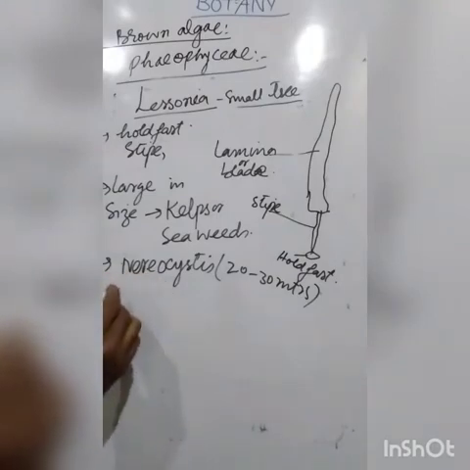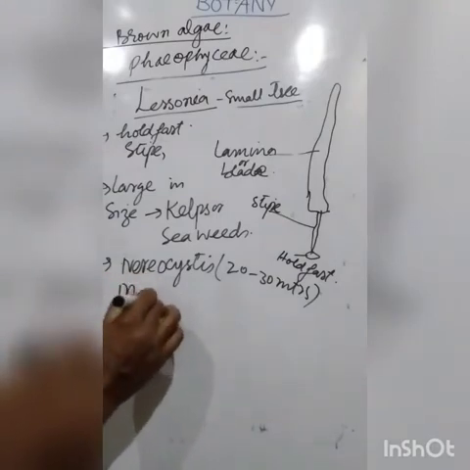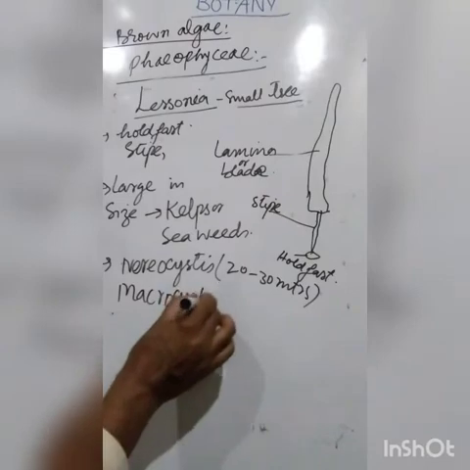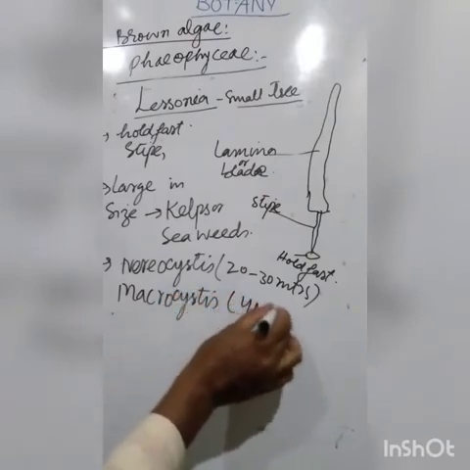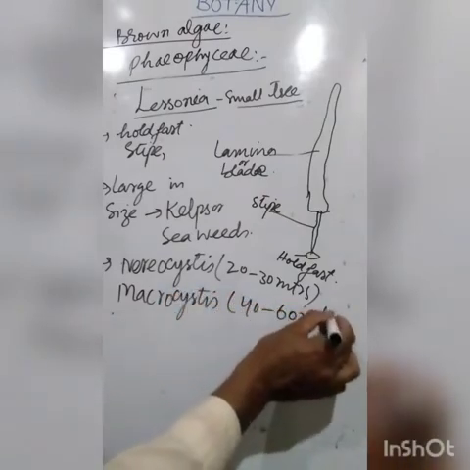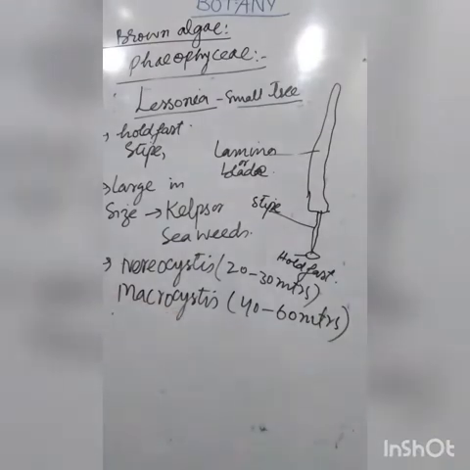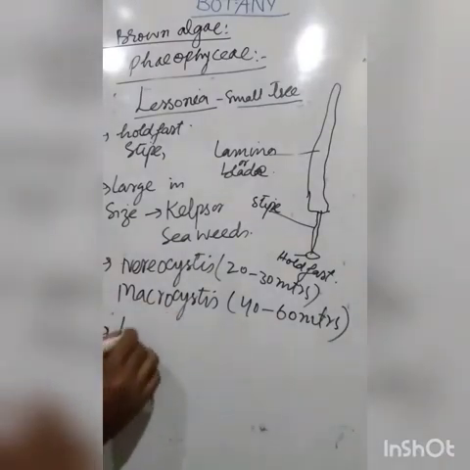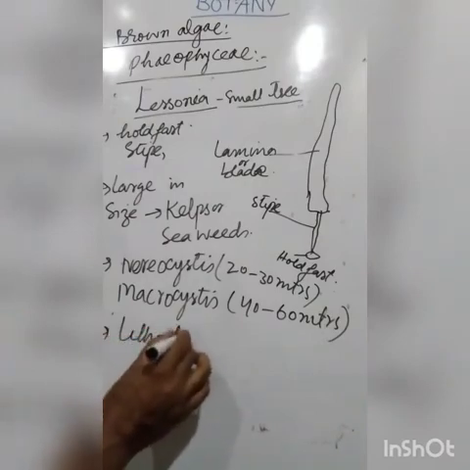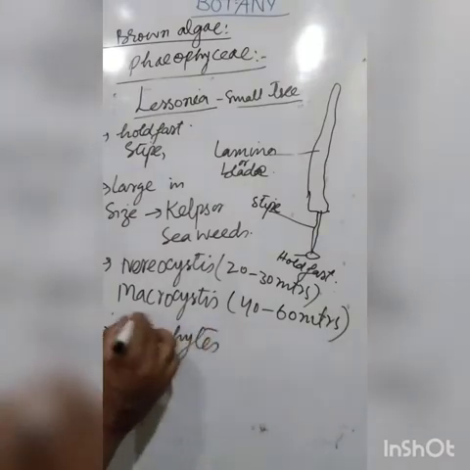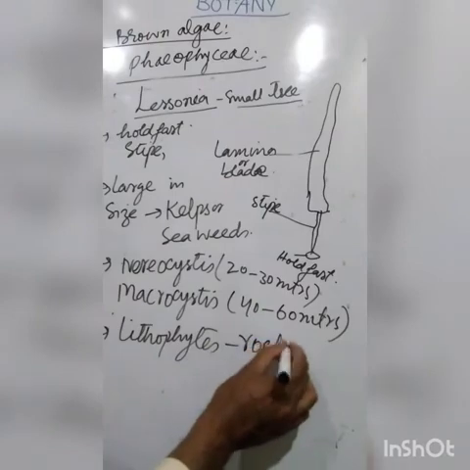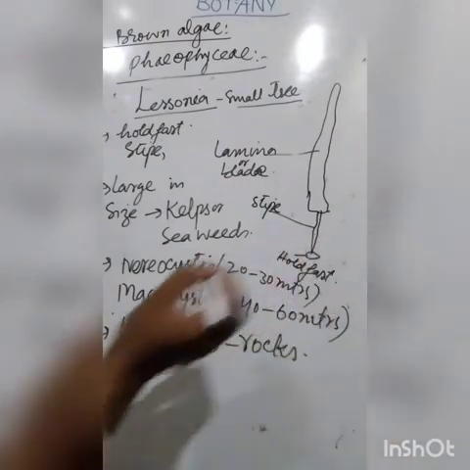There is another called Macrocystis, 40 to 60 meters long. But most of these are lithophytes. Lithophytes means they are attached to rocks by this holdfast.